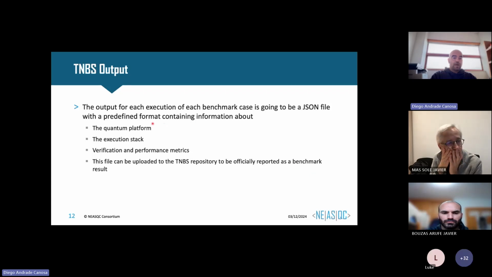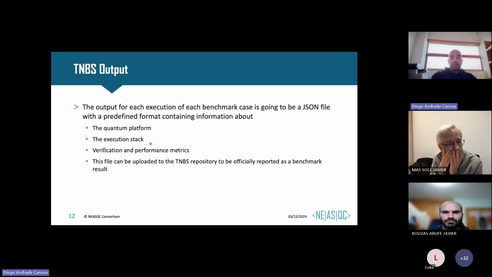So we are going to gather information in this output about the quantum platform, the execution stack, like the compiler that we use, the version of the compiler, the transpiler, if we use any specific optimizations from the transpiler, etc.